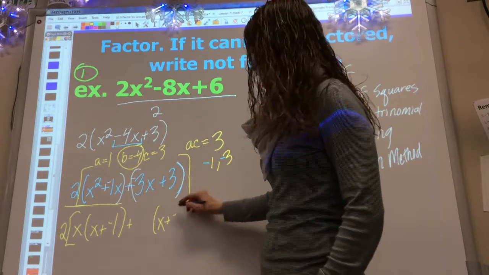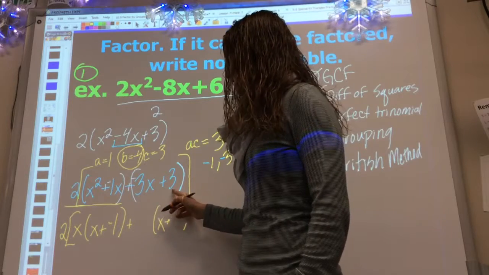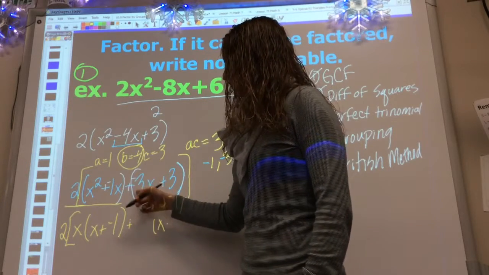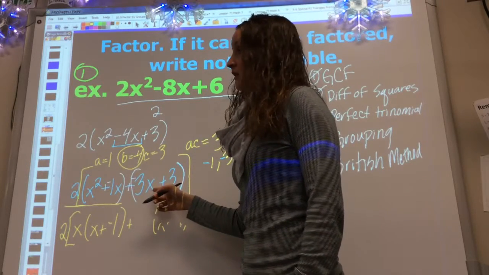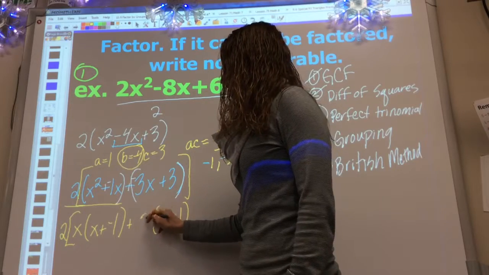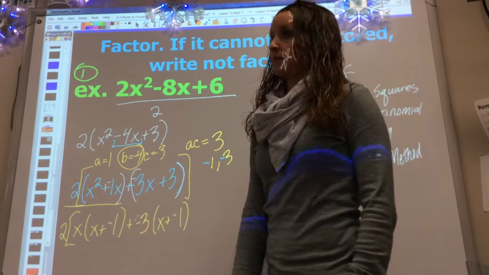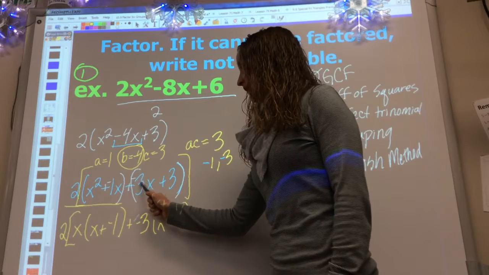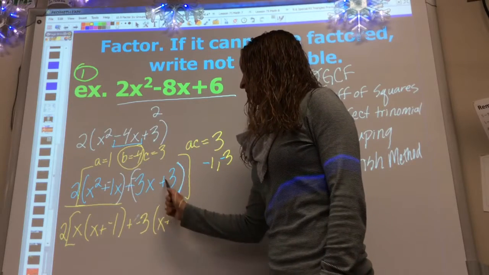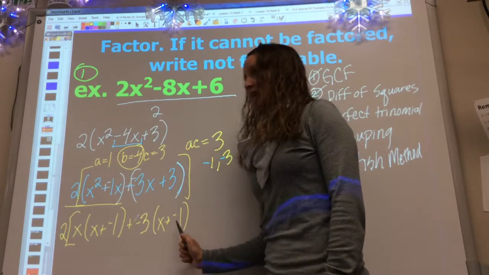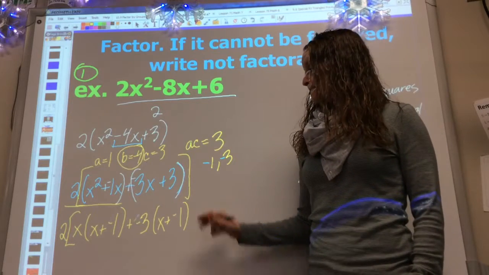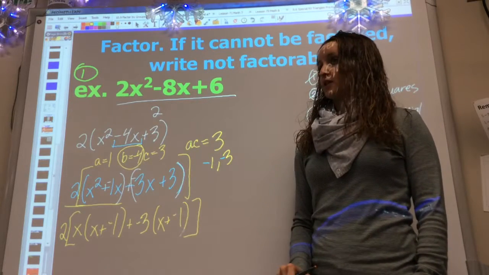What do we have to factor out of this one to get x plus a negative 1 if this is a negative 3x? Not just 3. Negative 3. It has to be a negative 3, because negative 3x divided by negative 3 is x, and 3 divided by negative 3 will be that negative 1. Any questions up to this point?